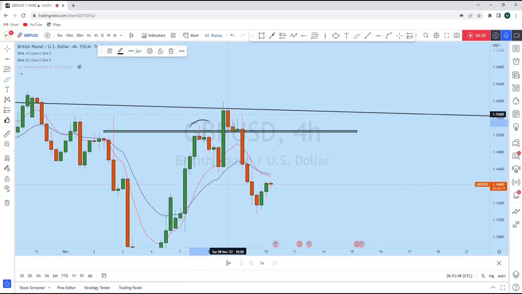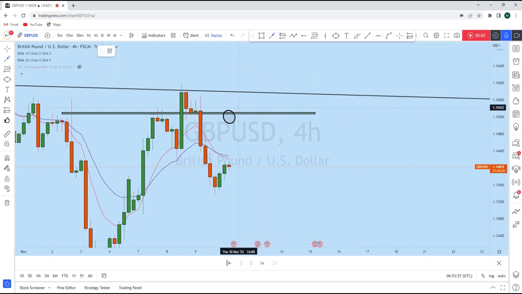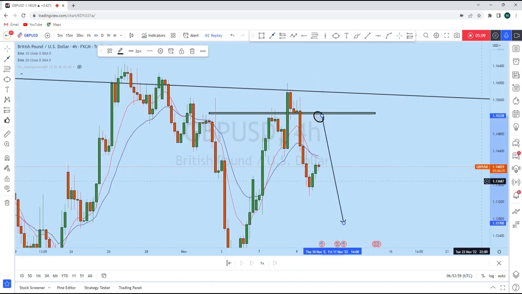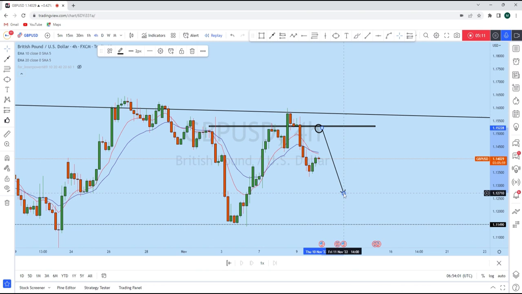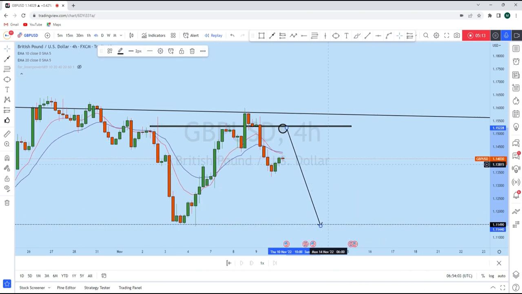It will probably create a head and shoulder lower high on the right side, and from that zone we could see GBPUSD start to move down to create a ranging market, as we discussed, to this level. As soon as we find that opportunity in this zone as planned, according to the rules of our strategies, we'll consider going short on GBPUSD with a high probability trade setup with our students.